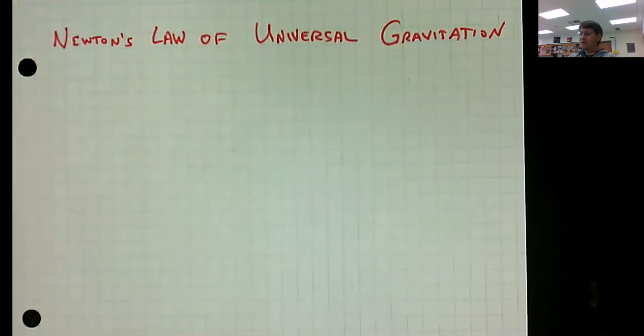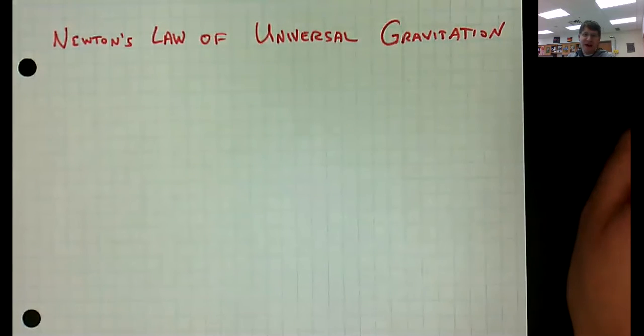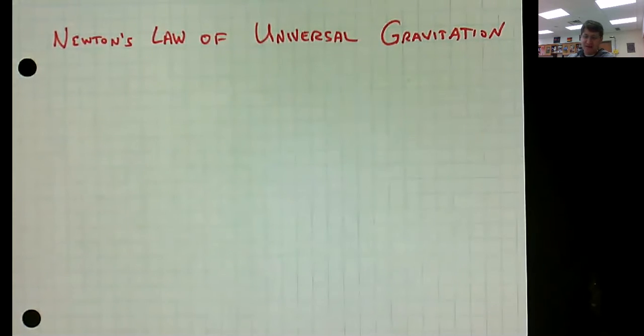Newton's law of universal gravitation comes about with one of these really brilliant insights that Newton had: the idea that the physics that governs planets is the same as the physics on Earth. This is what's called the Newtonian synthesis.